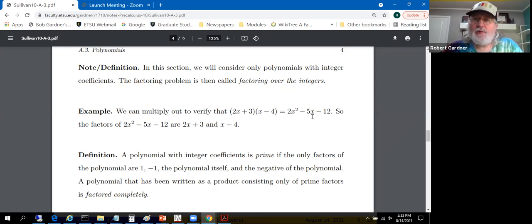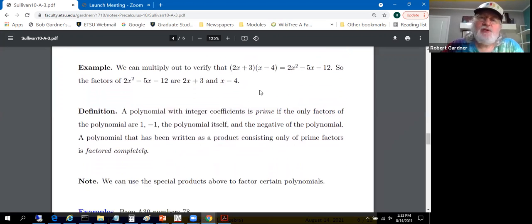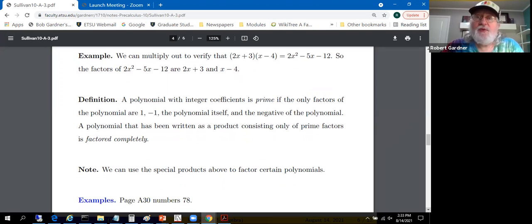We want to go backwards, and that's a little trickier. So the plan is not to multiply out and produce a big 2nd degree polynomial, but to take a big 2nd degree polynomial and find these factors. We want to do this backwards. And there's an organized arithmetic way to do that when the coefficients are integers, which is exactly what we're dealing with.